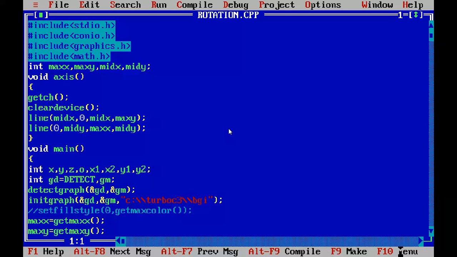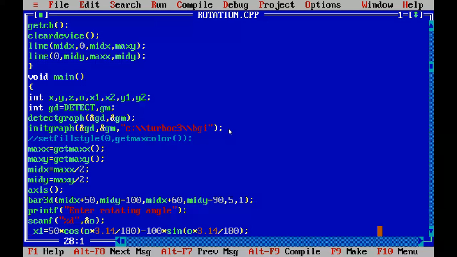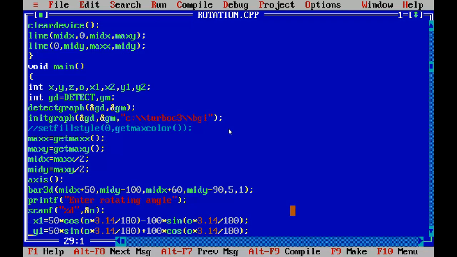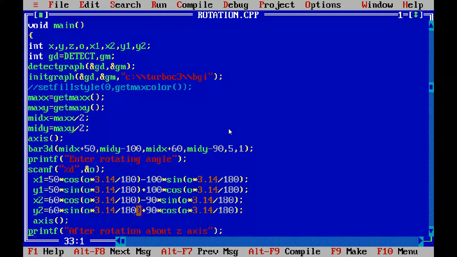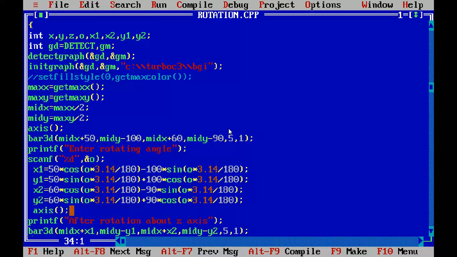Here also we have used the bar 3D function to draw the rectangle shape. After that, you have to enter the rotation angle, the angle at which you want to move the object. Now see, the new value of the x coordinate and the new value of the y coordinate will be changed.